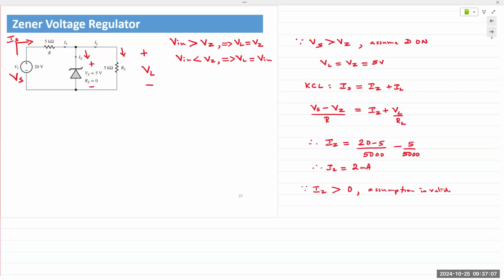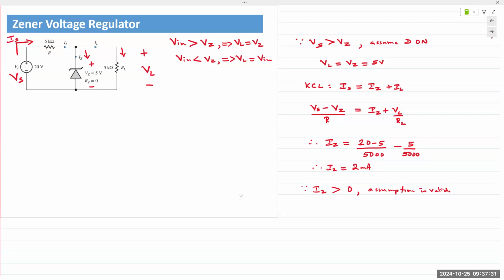Okay, yes. The diode is on, it's a short. Not quite. There is Zener resistance to take into account, which we haven't taken into account in this example. Zener resistance is 0. But I think I get your point.